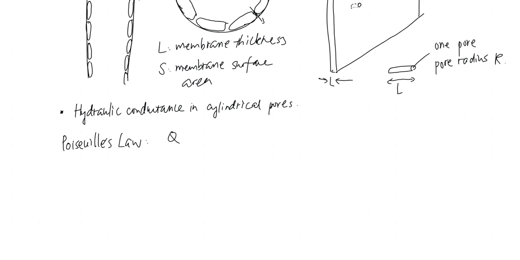It means the Q across one single pore is pi R to the power of 4 divided by 8 mu L, times delta P. So in this scenario, delta P is the pressure difference across the membrane.